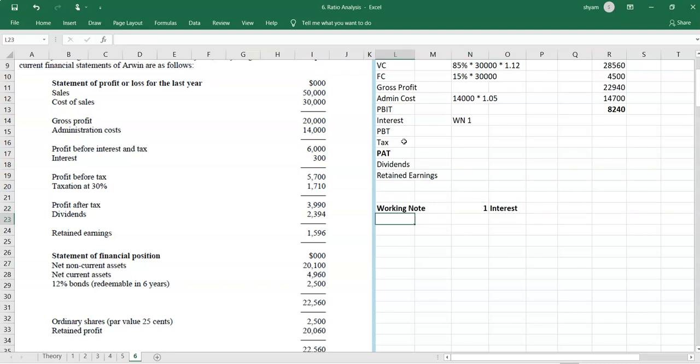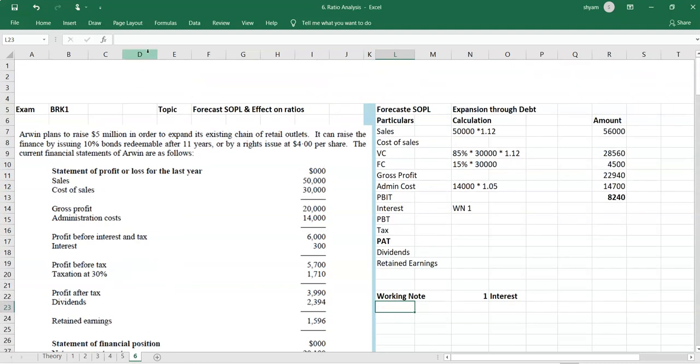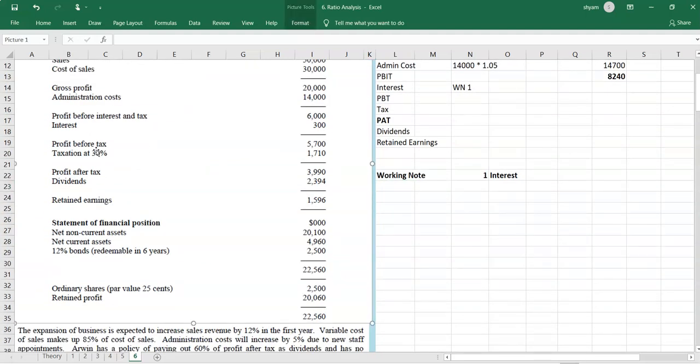The company has to issue a 10% bond of 5 million worth, so we'll put it as new bond. It's a 10% bond of 5 million.